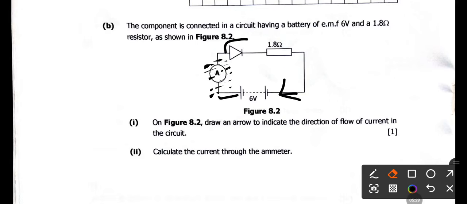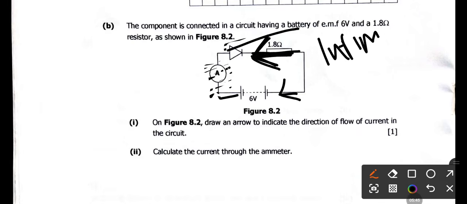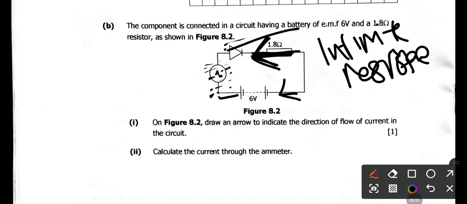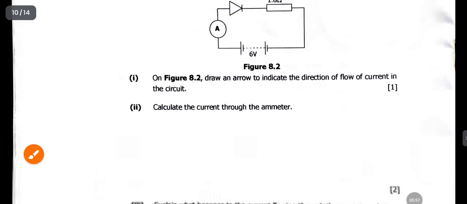It will be zero, because no current will flow in this direction. The diode has what we call infinite resistance in this direction, so it will not allow the flow of current through it. The ammeter will register a 0 amp reading.